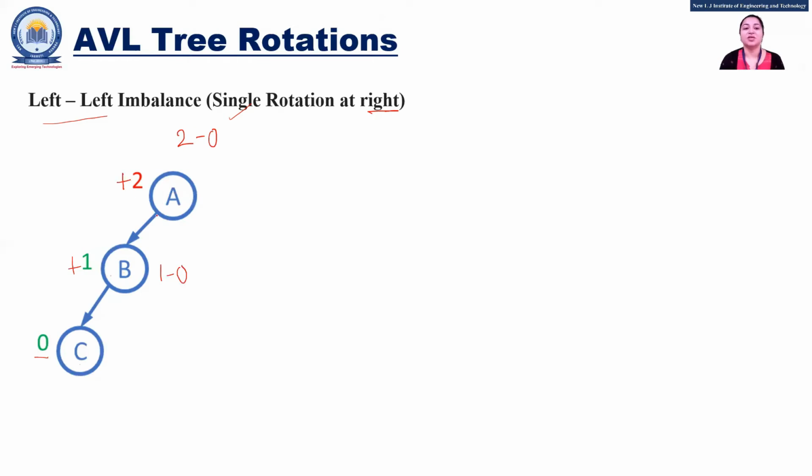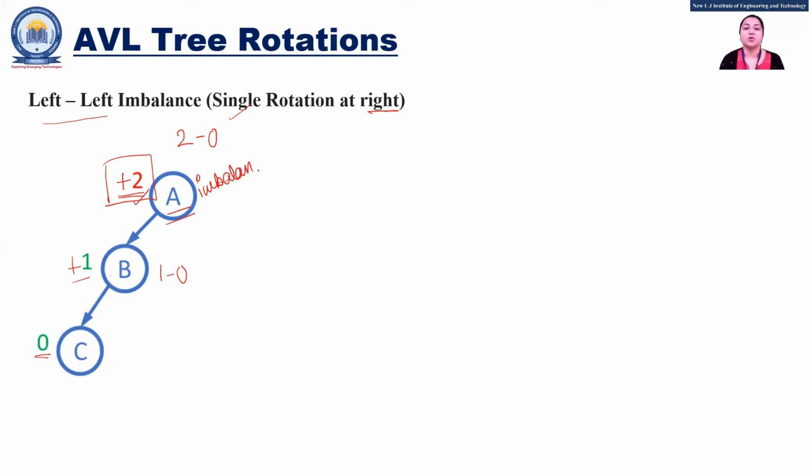That means this tree is left heavy. But now balance factor is allowed till number 0 and 1 only. If the height difference between left and right subtree becomes greater than 1, means here plus 2 is there. That means the node A has imbalance in it.